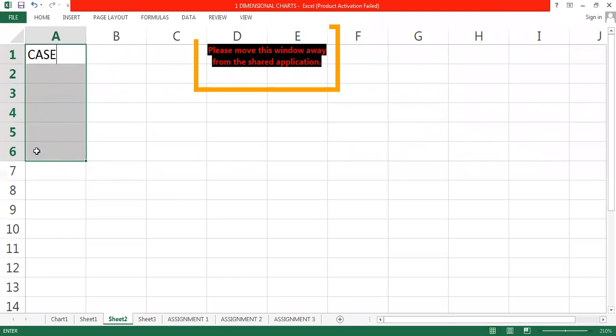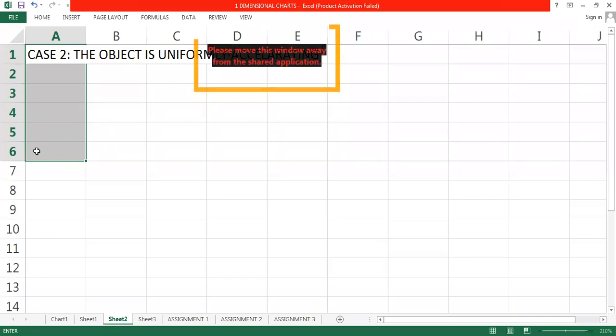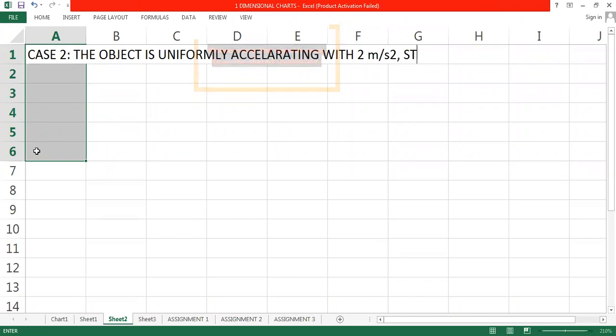Write down case 2. The object is uniformly accelerating with 2 meter per second square, starting from rest.